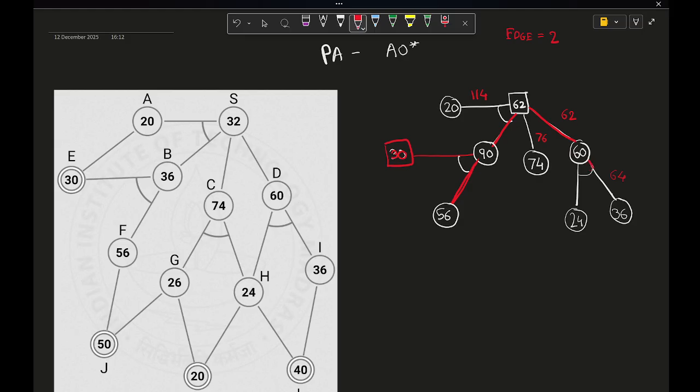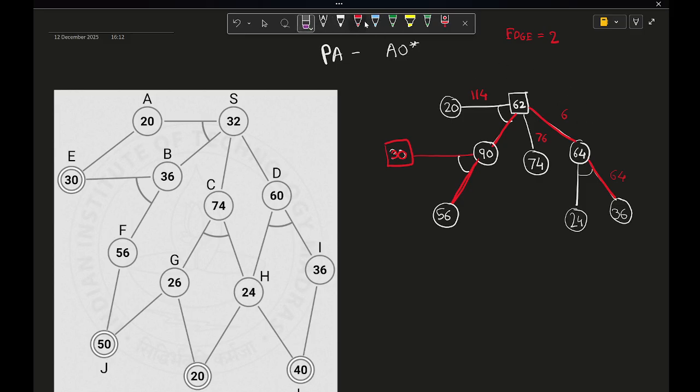And the next one that we solve is this one. So now the cost is 64, so we should update this to 64. And if we update this to 64, what does this become? 66, correct?